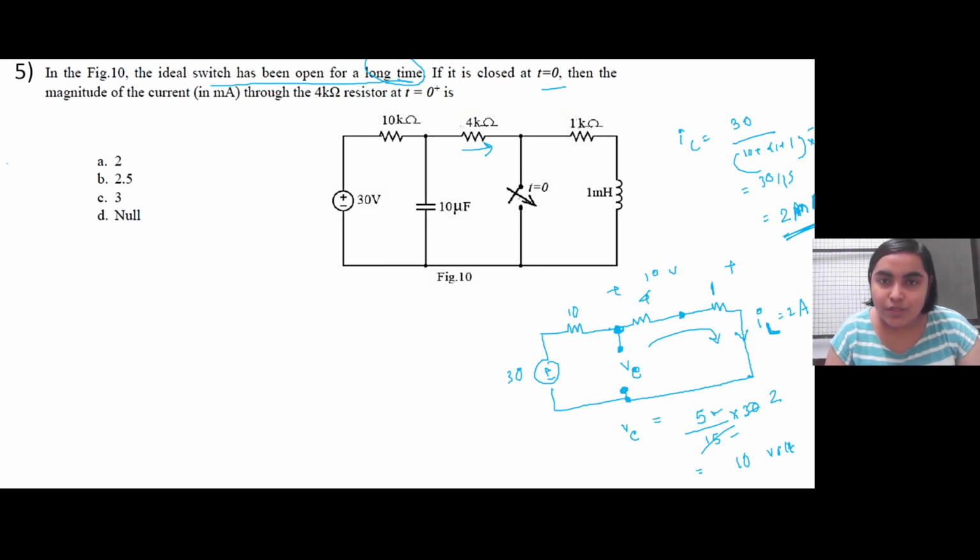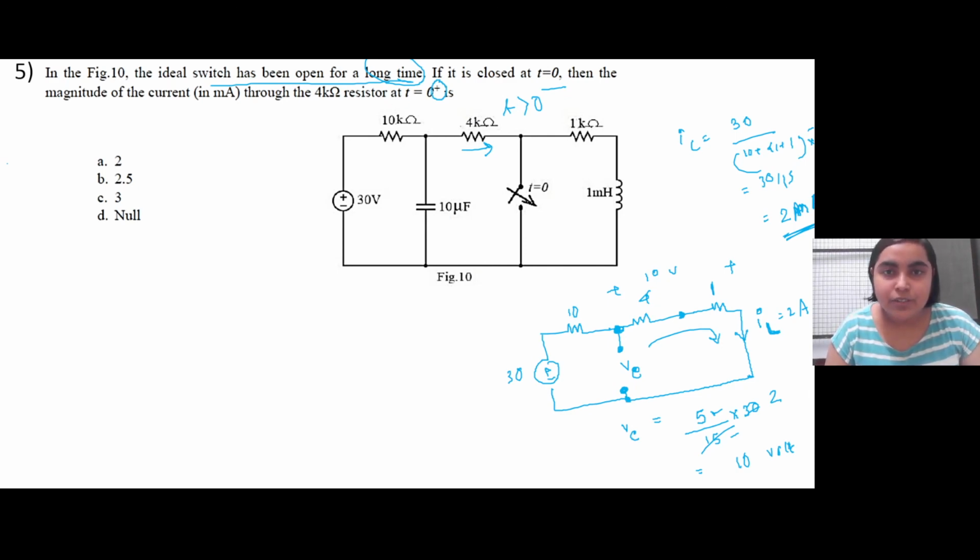As soon as the switching is done, the voltage change across the capacitor will be resisted, and the current change across the inductor will be resisted, right? Since it is given t equal to 0 plus, that is just after switching, it is not talking about t greater than 0, what happens beyond.